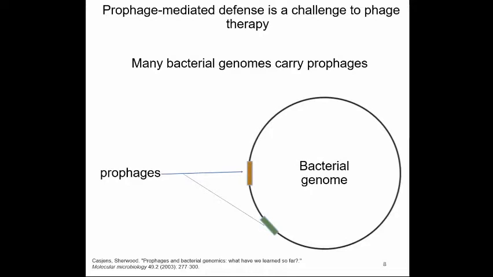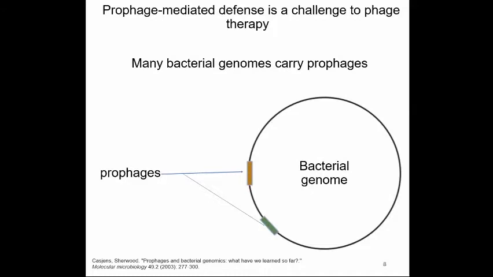Now, if we want to use phages to kill pathogenic bacteria, then we don't want any prophages to be there mounting defense against the phages that we are employing in the therapy. And so the challenge is that most bacterial genomes actually carry prophages.